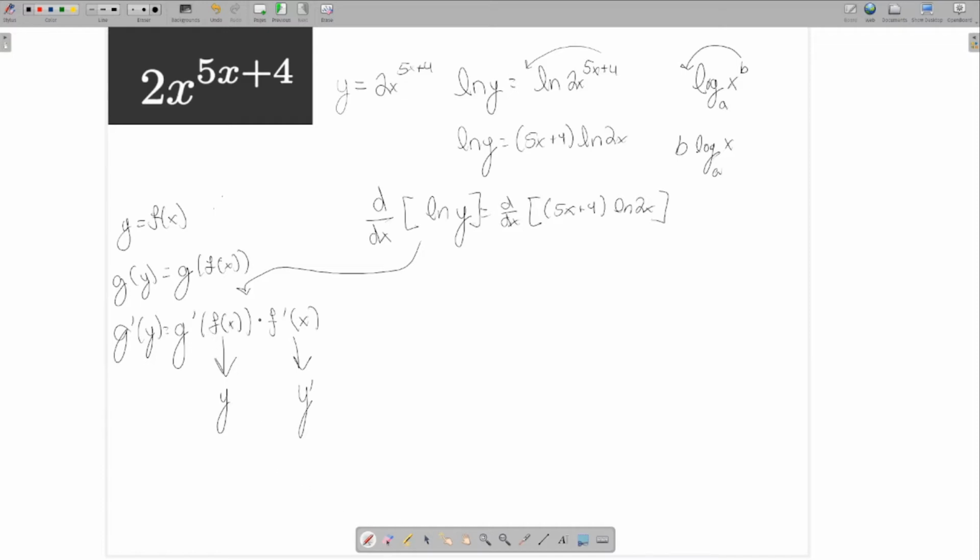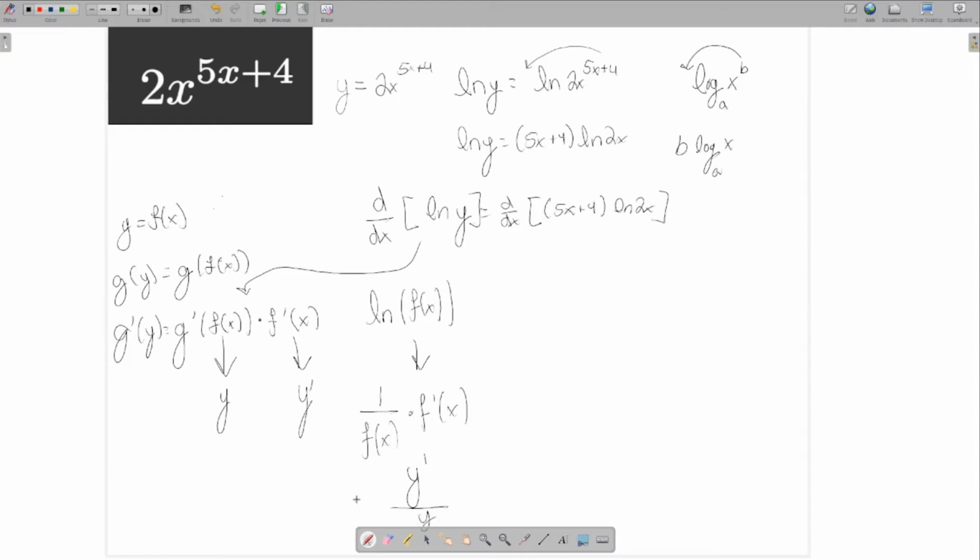Using this, we can say that the derivative of the natural log of y, which is the natural log of f of x, is equal to 1 over f of x times f prime of x, which in this case would be y prime over y.